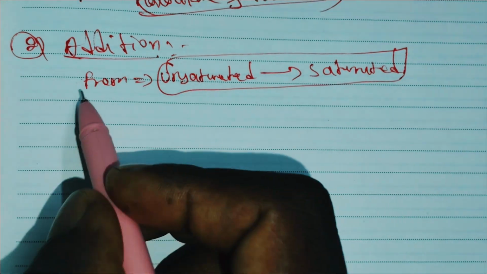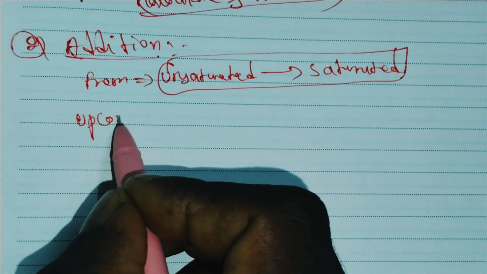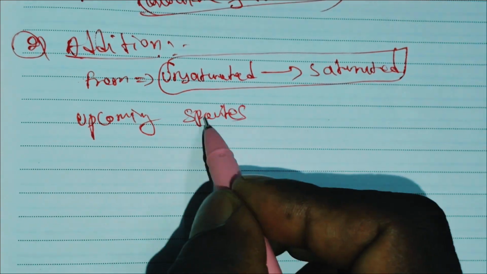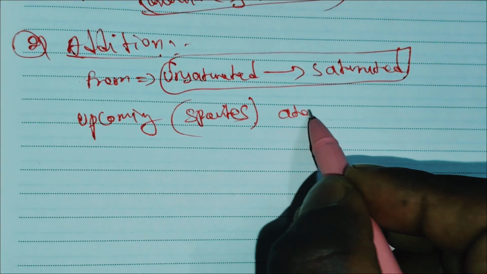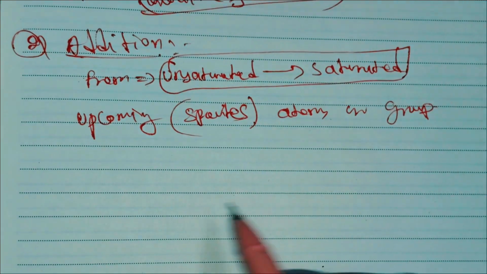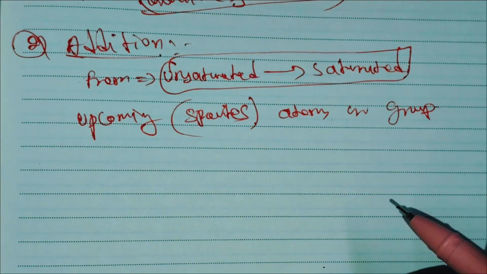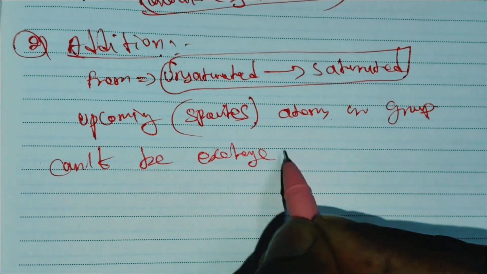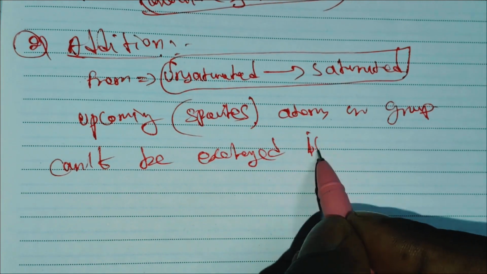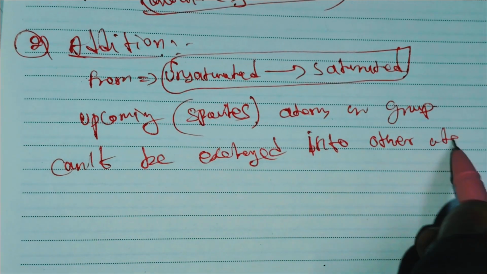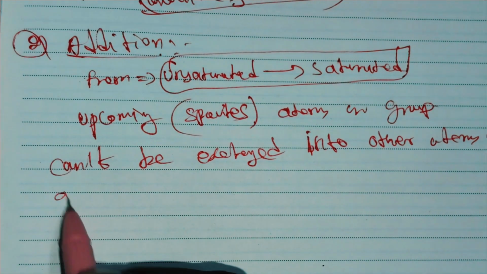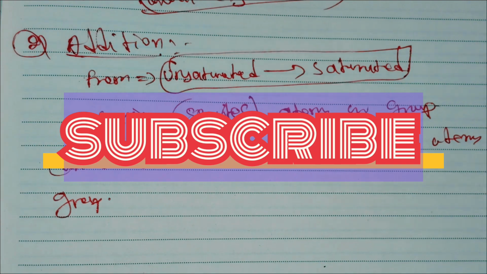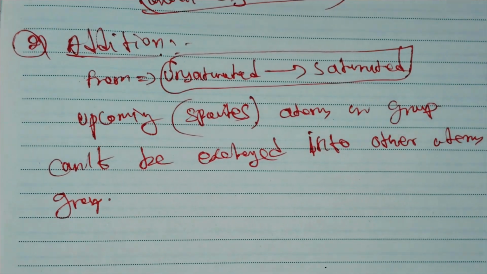Simply, the upcoming species, atoms or groups, cannot be exchanged for other atoms or groups. What happens is that the upcoming atom or group is fixed in the parent molecule.